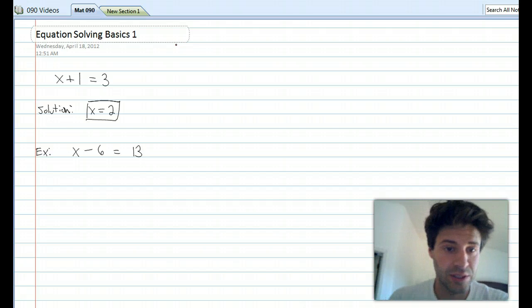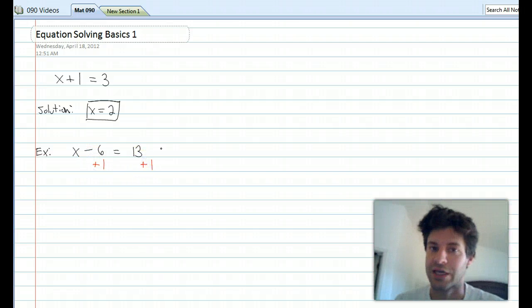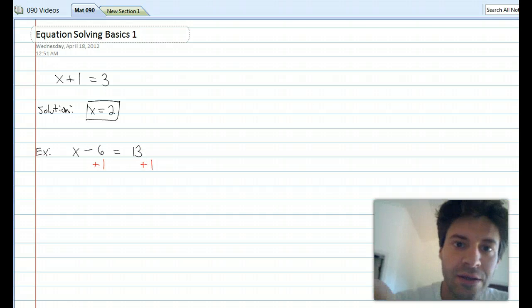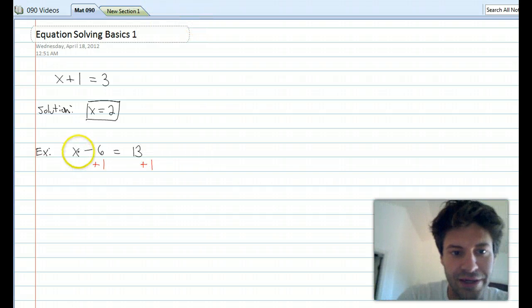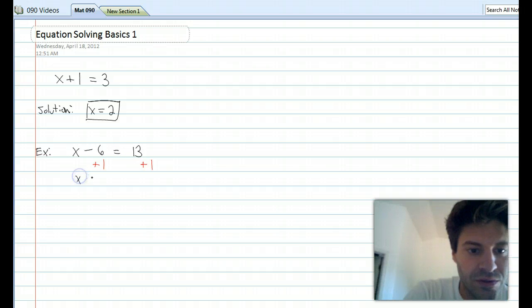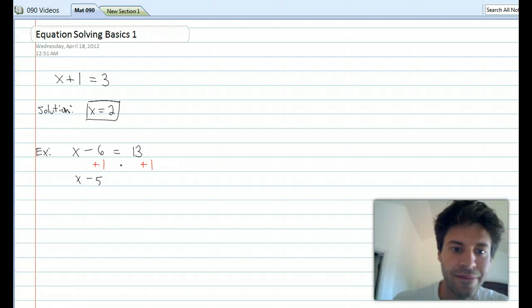So for example, we could, if we wanted to, add 1 to both sides of that equation. And if we did, what would we get? If we add 1 to the left side, we'd have x minus 6 plus 1. The negative 6 and the plus 1 combine to become a negative 5. So we have x minus 5 on the left side now.